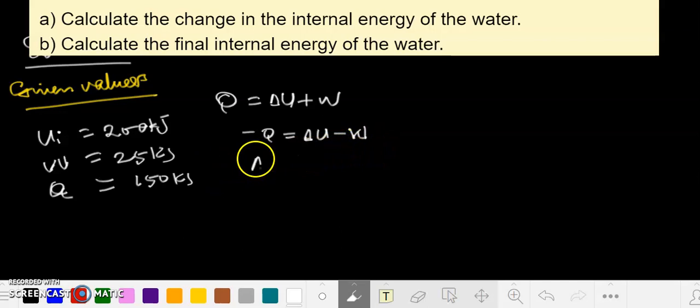So therefore, delta U will be given by negative Q plus W, and this simply means that work is done on the system.